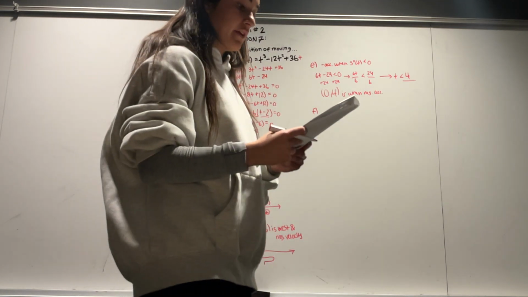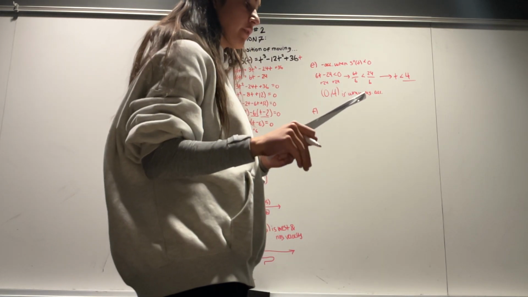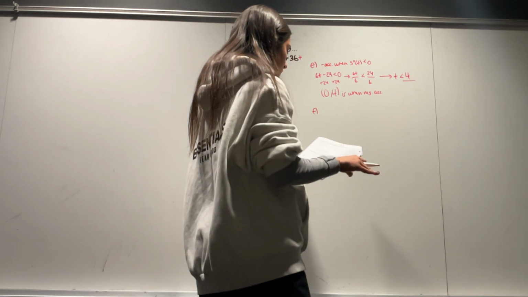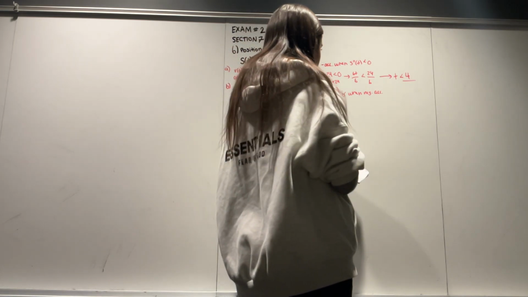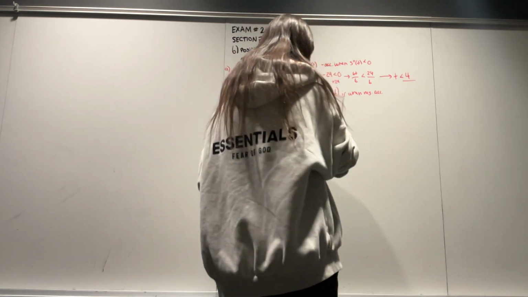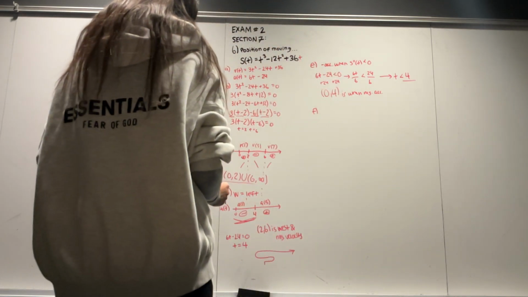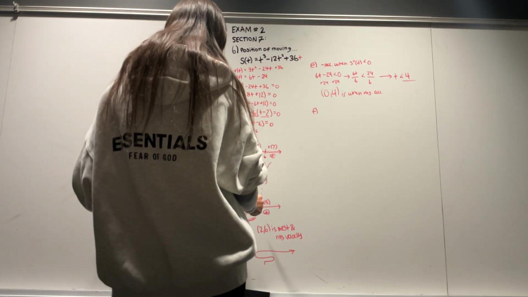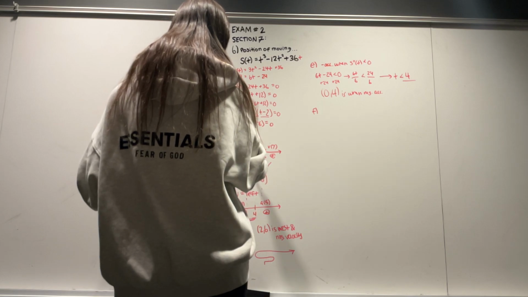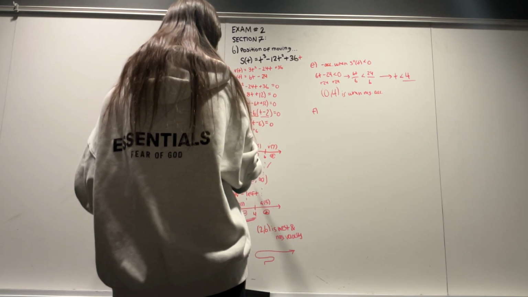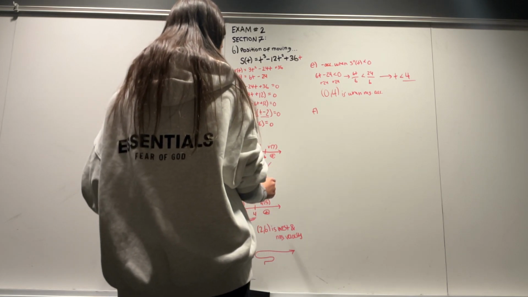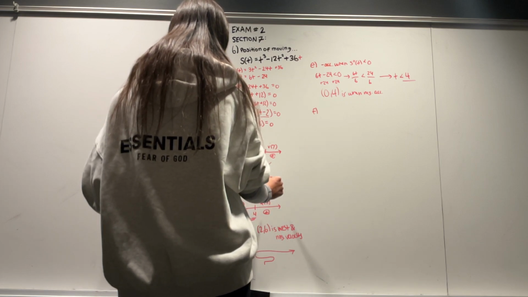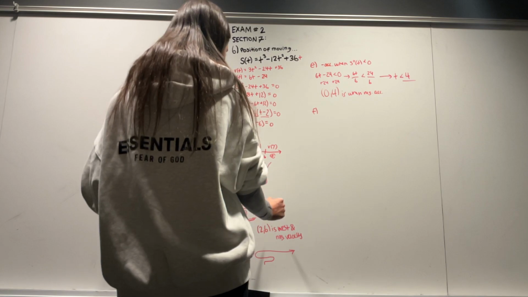Using the information from A to E, determine the intervals in which the particle is slowing down. So for this, I thought about all the things we learned. We learned if they're opposite signs, so when we look at it, there's opposite signs from 0 to 2, right here and here, because it's positive, negative, and then from 4 to 6.